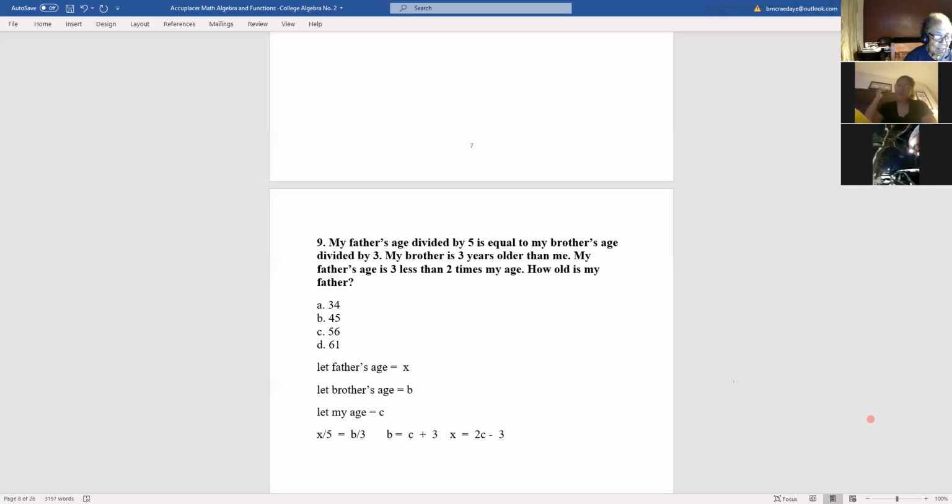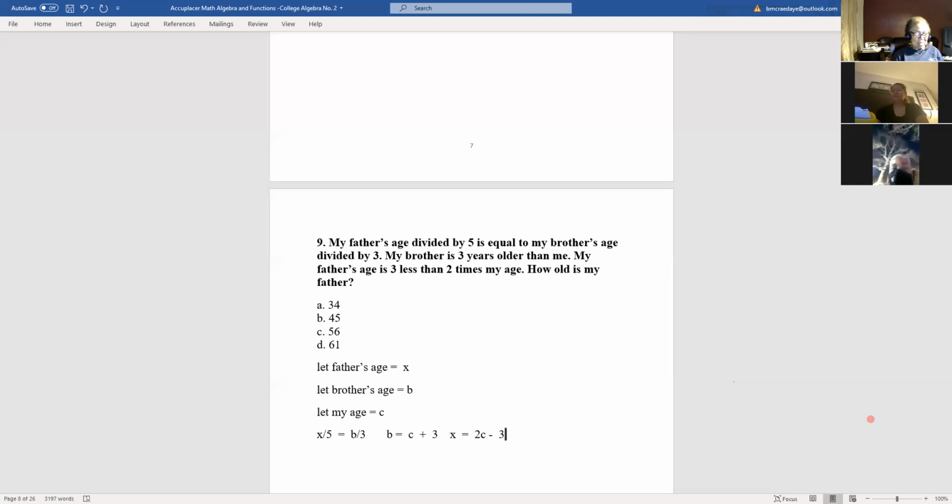So how would you solve it from here? You gotta combine the numbers.